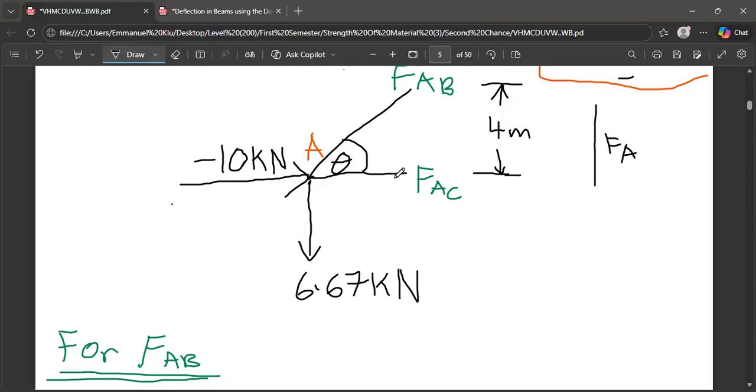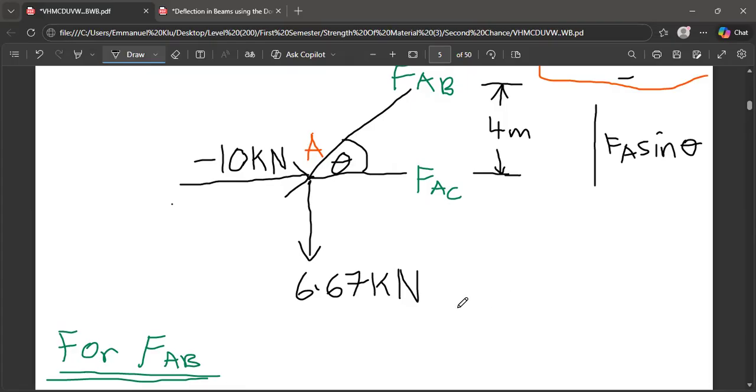So we are just going to add it. FAB sine theta. You see, so what are we going to do? We said that if the forces are moving in the same direction, we add it.